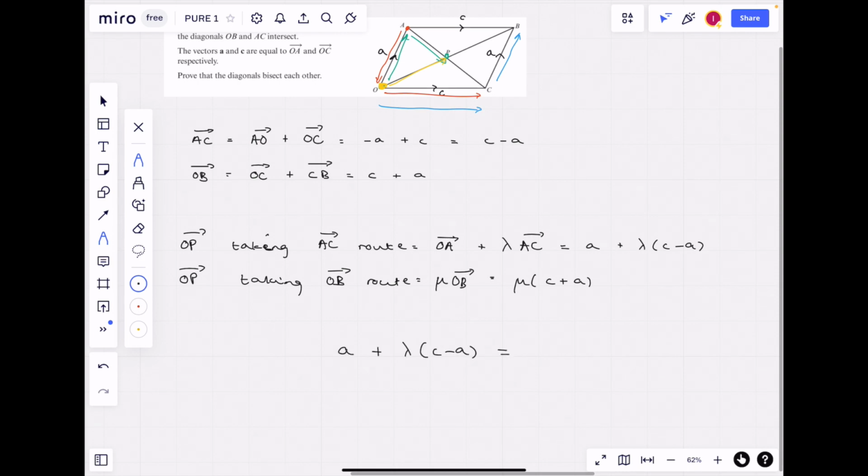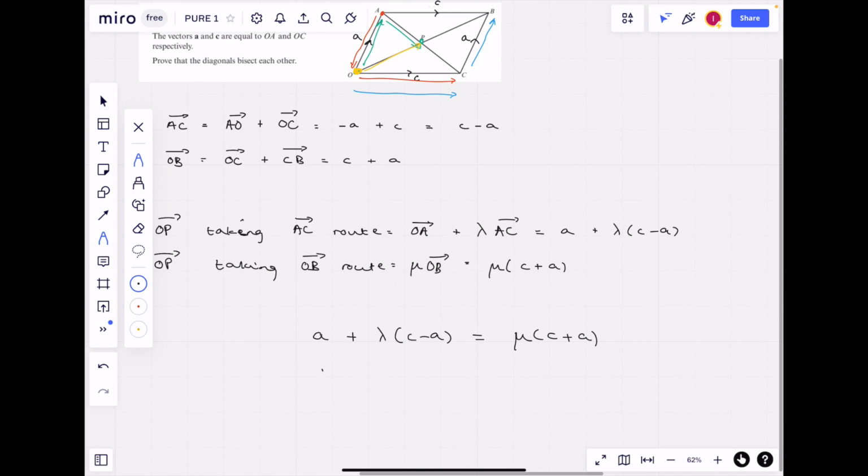Like this. Now let's expand and simplify. Or expand and group. There's not really any simplifying involved. We can group the A's together.